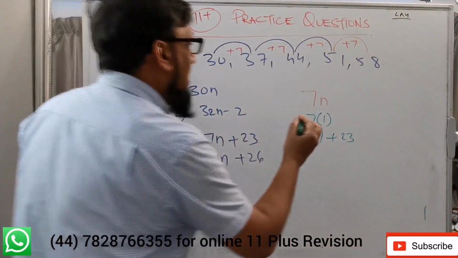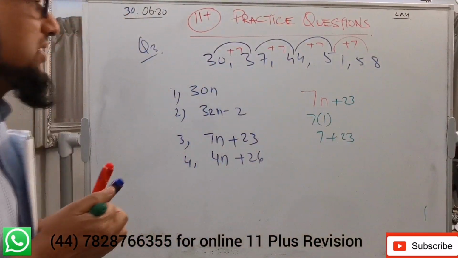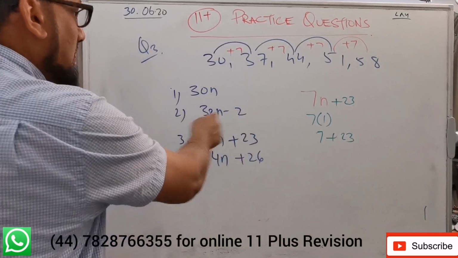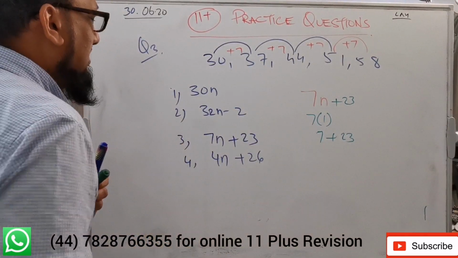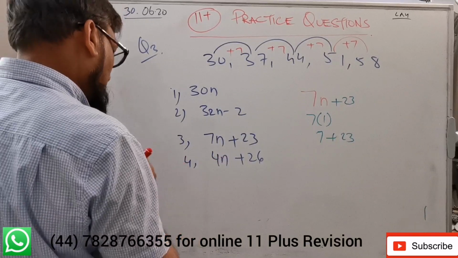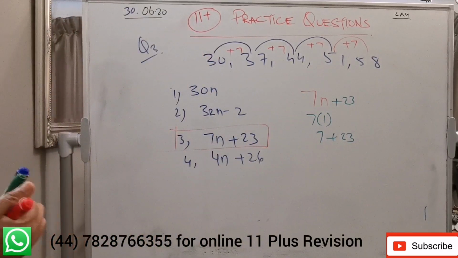So if I write down 7n plus 23, that is the nth term for the sequence. So go back here and look at this one: 7n plus 23, that's the answer. The third one is the right answer.